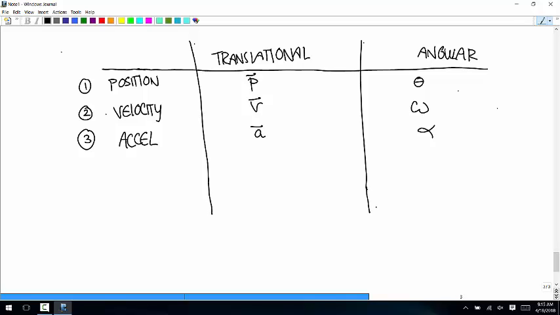And now we get to the kinetic things. Time is the same for both, so I'm not even going to write that. But now we get to loads. For translational, that's a force vector. For angular, that's a moment about a point. And we'll talk about what that is.